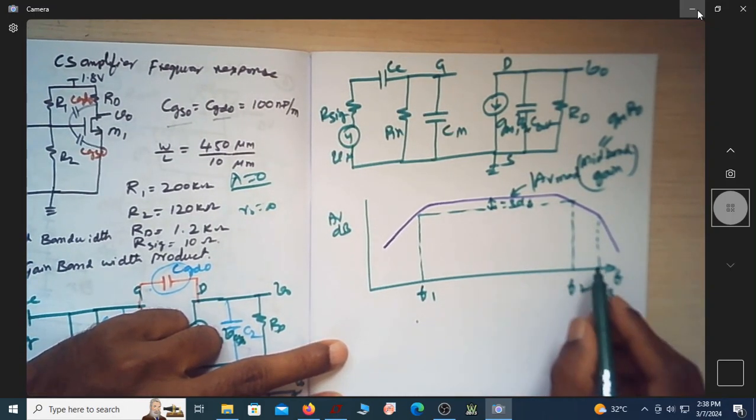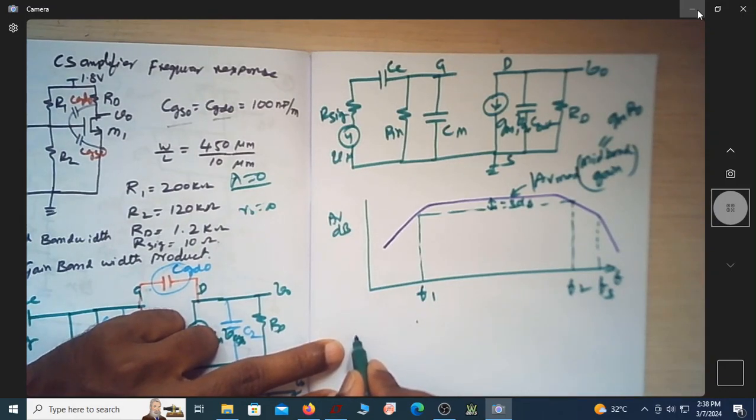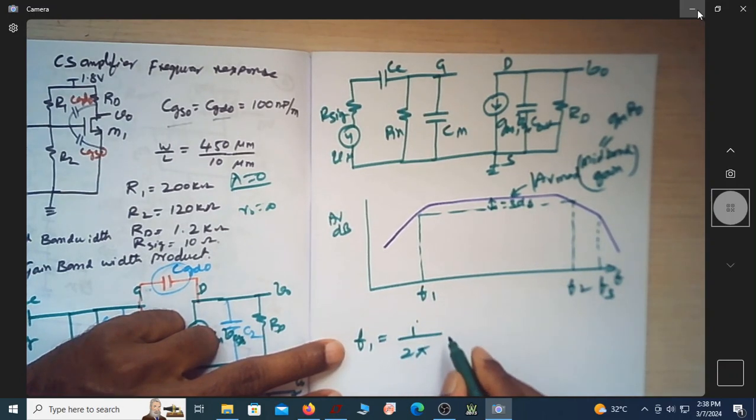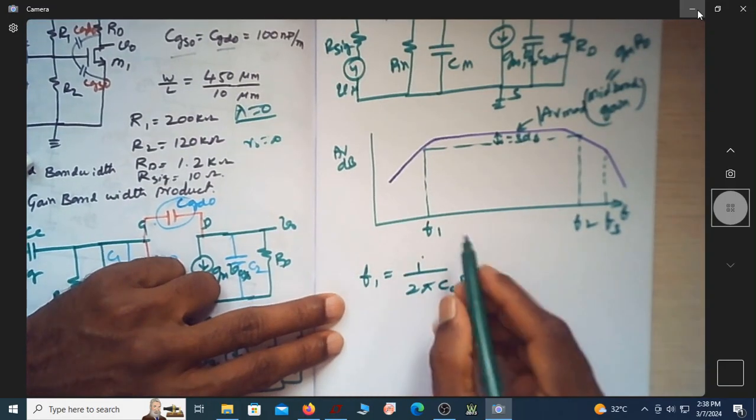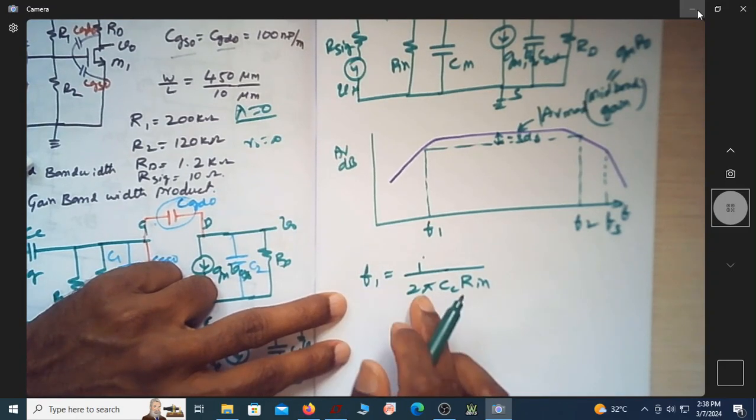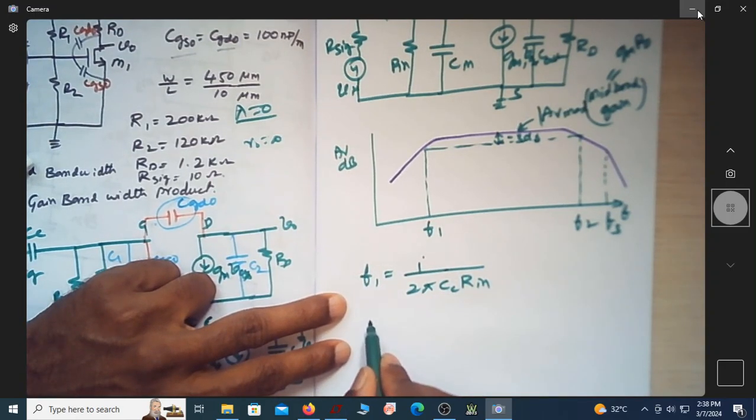One thing to observe is, let us try to find out what the frequency values are. F1 is equal to 1 over 2 pi CC into Rin. Of course we have done the theory part of this in detail in the classes. So this is F1, the first cutoff frequency.